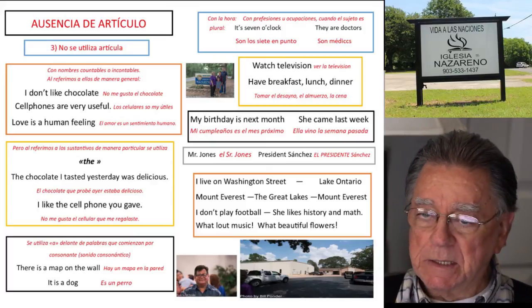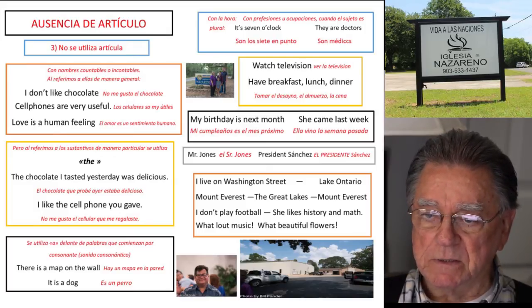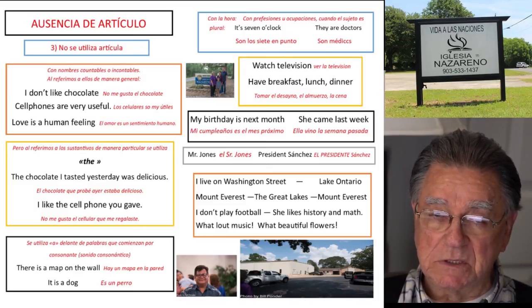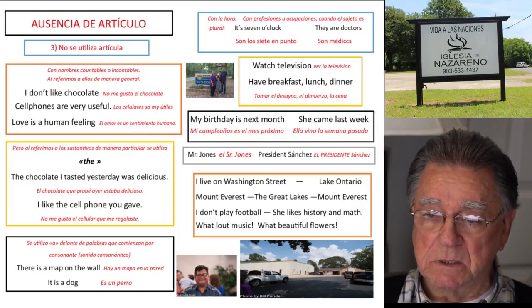And then the next box we have "con la hora, con profesiones u ocupaciones cuando el sujeto es plural." It's 7 o'clock. Notice that we combined "it" and "is," and we have "it's." That's what you will hear from most native speakers of English.